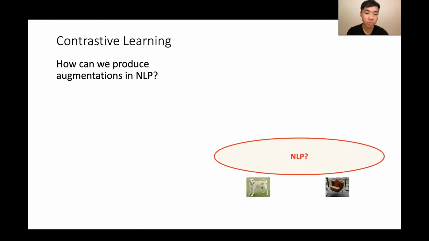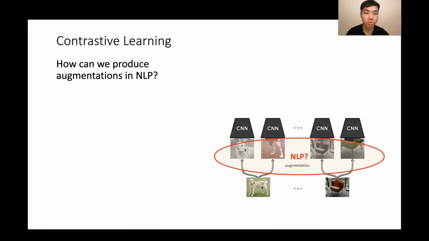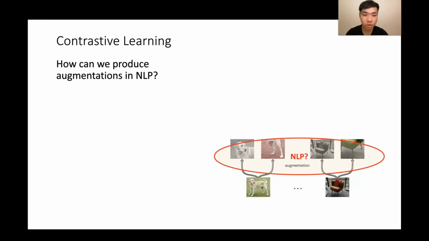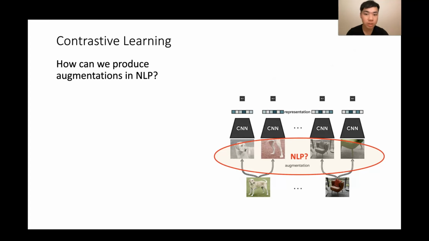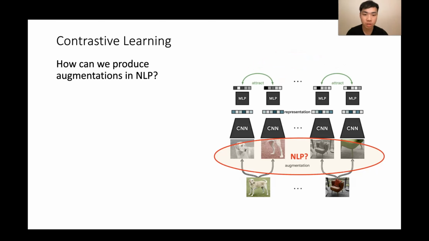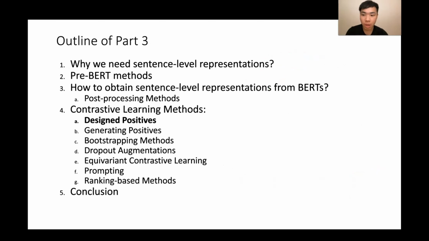For computer vision, we can simply do random cropping, random flip, or grayscale to obtain high quality augmentations. But because of the discrete nature of natural language, it's not easy to do this kind of operation for a sentence. So in the following papers, they try to design some augmentations or some methods to construct the positive pairs.